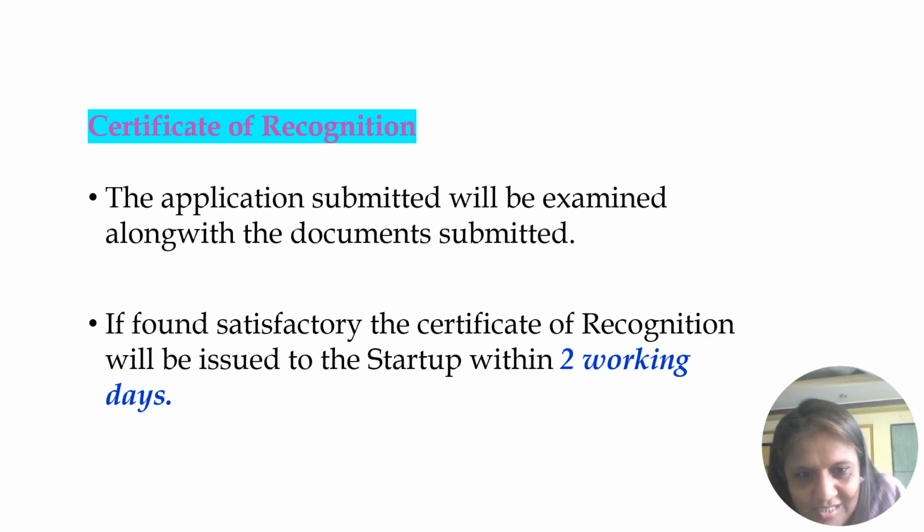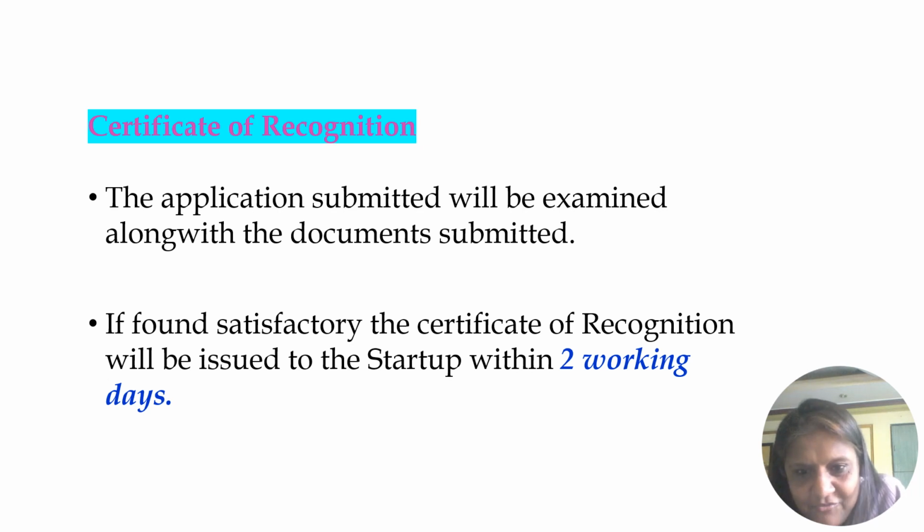So what is the procedure? It is not a very lengthy procedure. The application which is submitted, and the documents which are submitted along with the application, both will be thoroughly scrutinized and examined by the DPIIT officials.